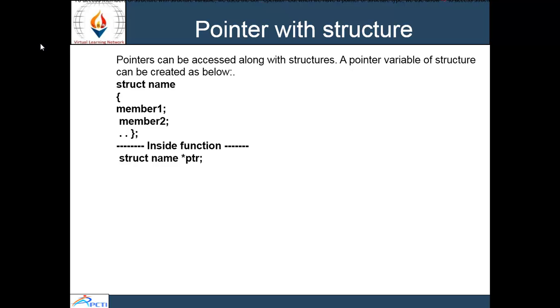Inside the function, we declare the pointer of struct type. Here star ptr is of struct name type, because it's mentioning that name is a structure and the pointer will point to it.